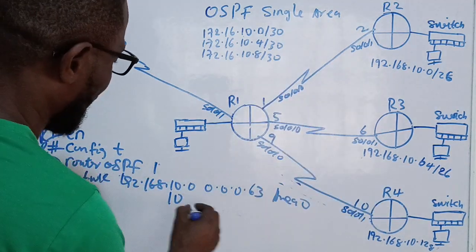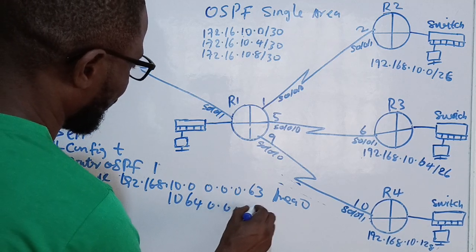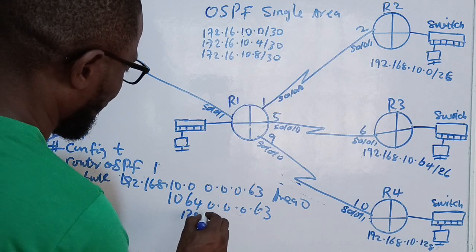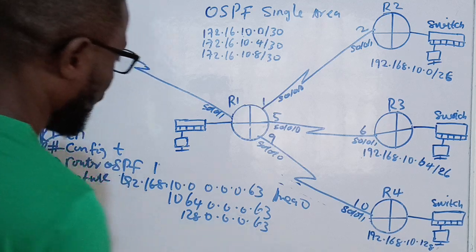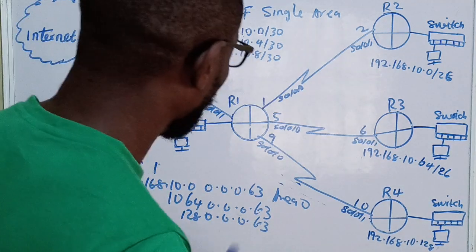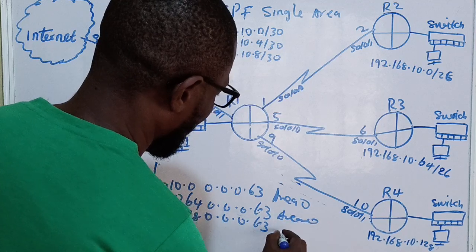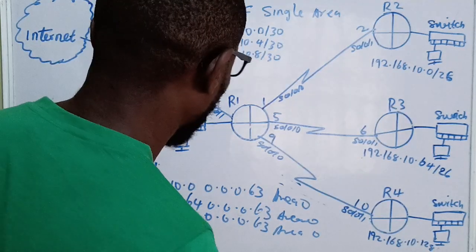Then 64 is the network, 0.0.0.63. The same thing here, 128, 0.0.0.63. So now we have configured every network in area 0, a single area. Okay, we have configured the routing.